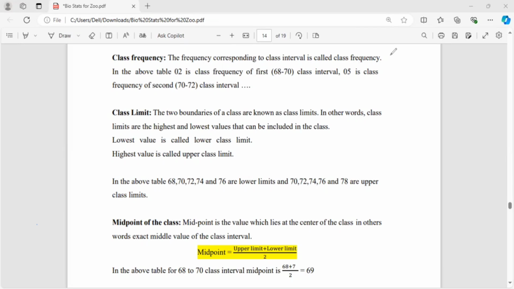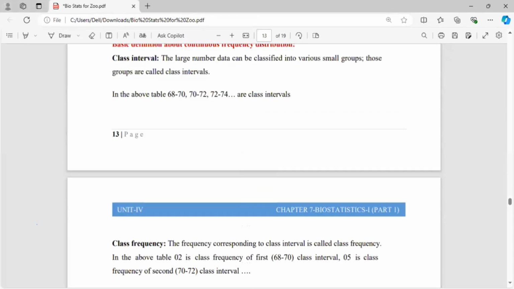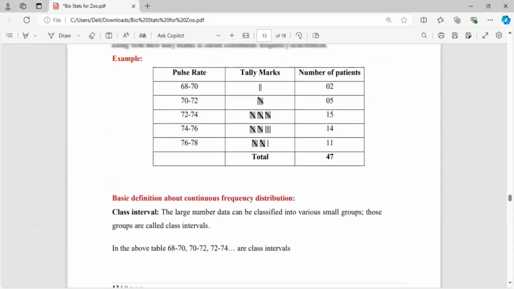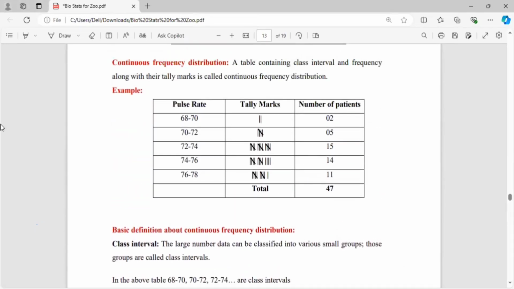In this example, which we discussed now, two patients have a pulse rate of 68 to 70. Next, five patients have a pulse rate of 70 to 72.